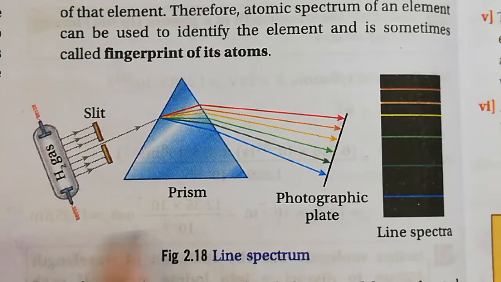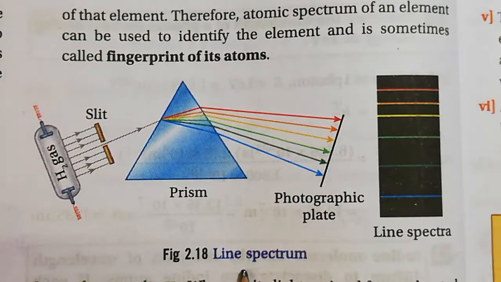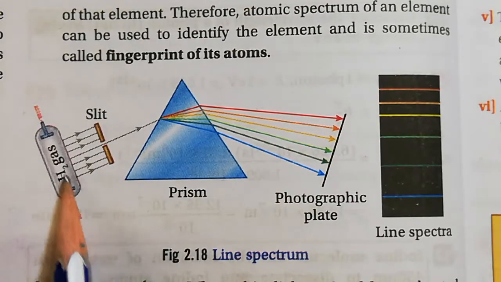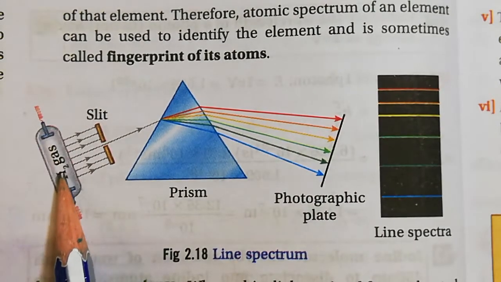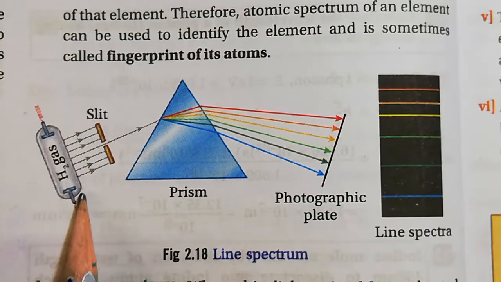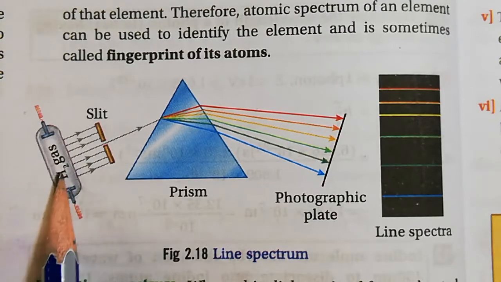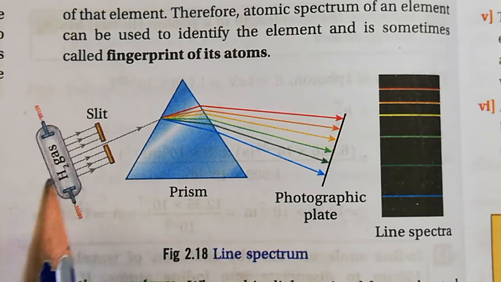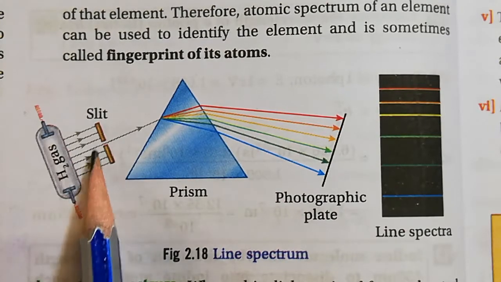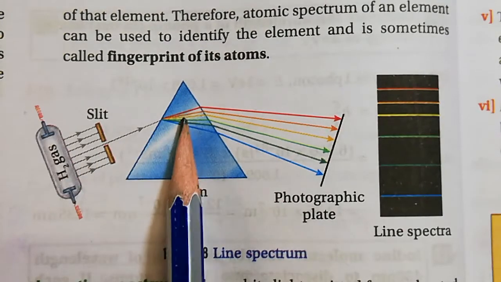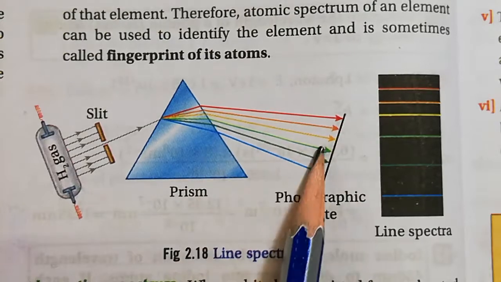Now here we will study how line spectrum can be formed. Take hydrogen gas in a discharge tube at very high voltage. H2 gas will dissociate to hydrogen atoms and they will be excited, and whenever they are excited they will release energy, and when all that energy is allowed to fall on a prism, there can be a spectrum.